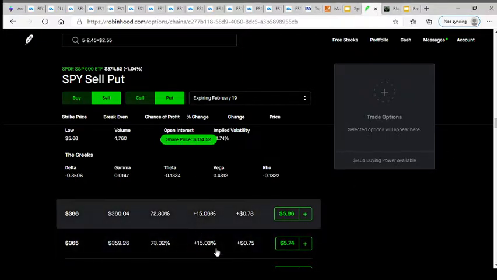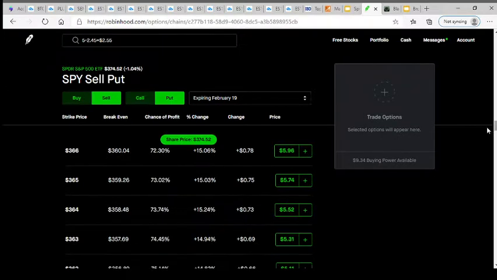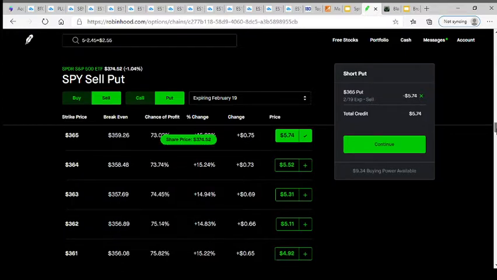I do see questions. Where did the 5 and the 3 come from? The 5 is the width of the spread. So you've got a 365 and a 370 or whatever, and the 3 is the price you pay. Okay, continuing on to finish this trade. We want to collect about a third of the width of the strikes.